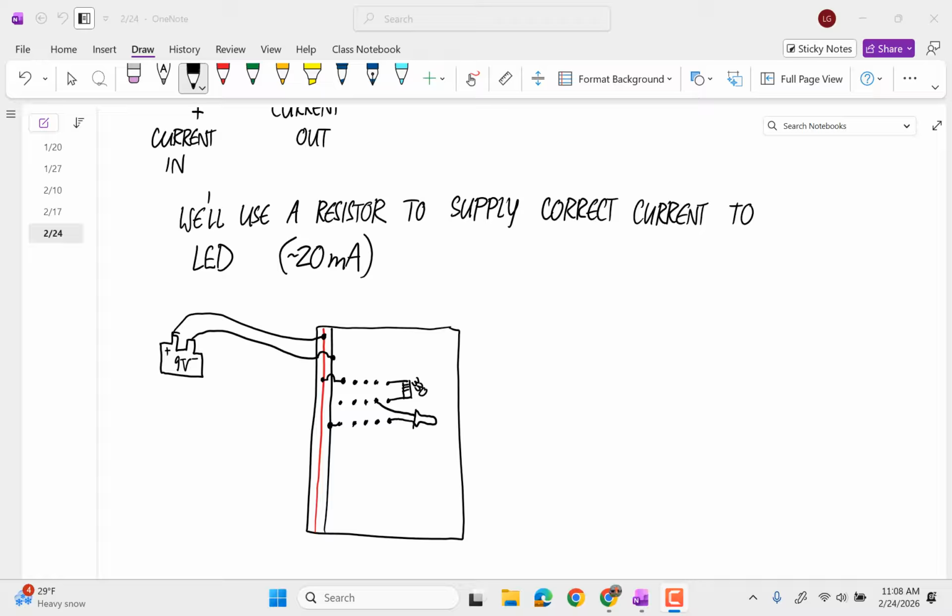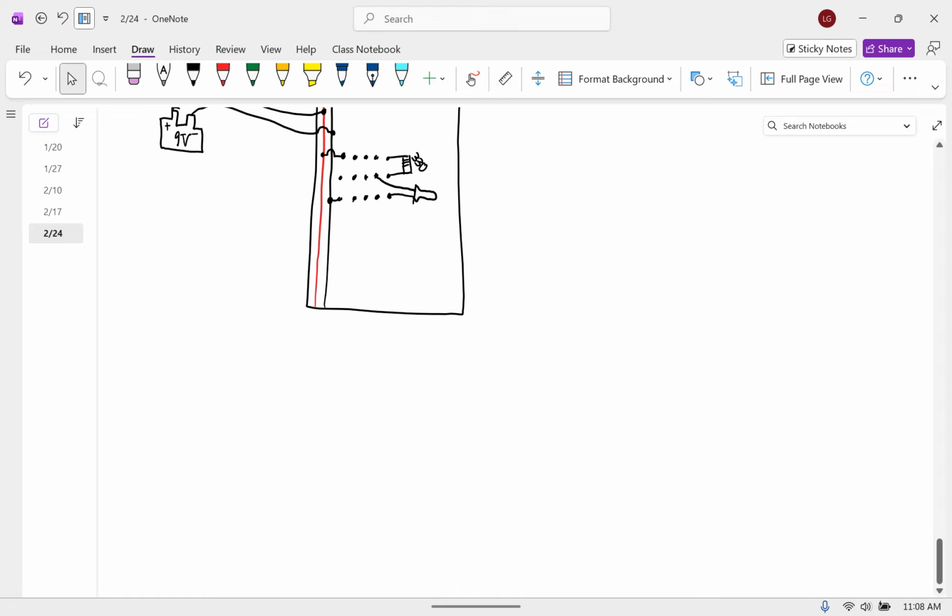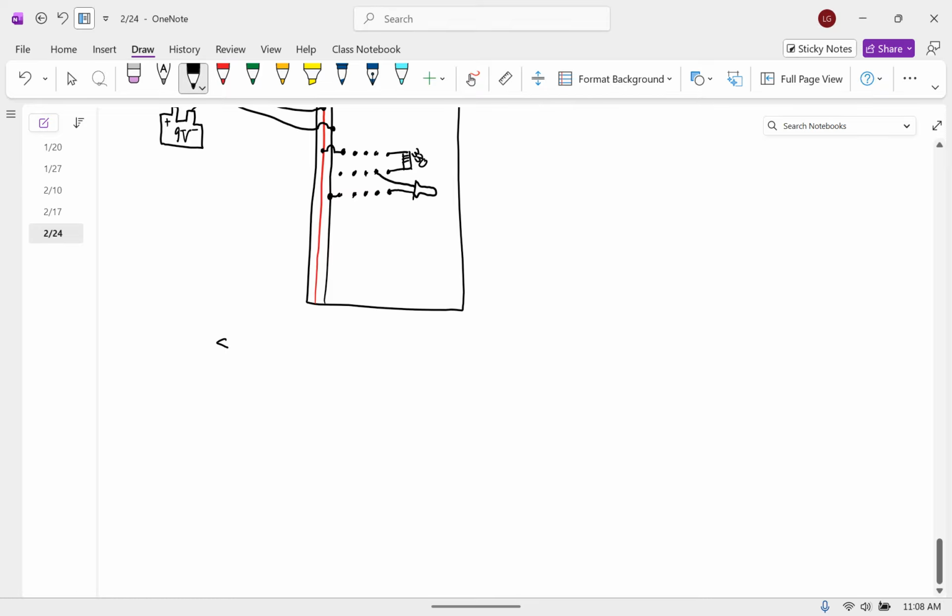If you had to draw out what's happening like this all the time to indicate an electric circuit, it would just get to be pretty cumbersome. So people use schematic symbols to represent this stuff. So here are the schematic symbols for the devices that we've seen so far. The first one is a battery.